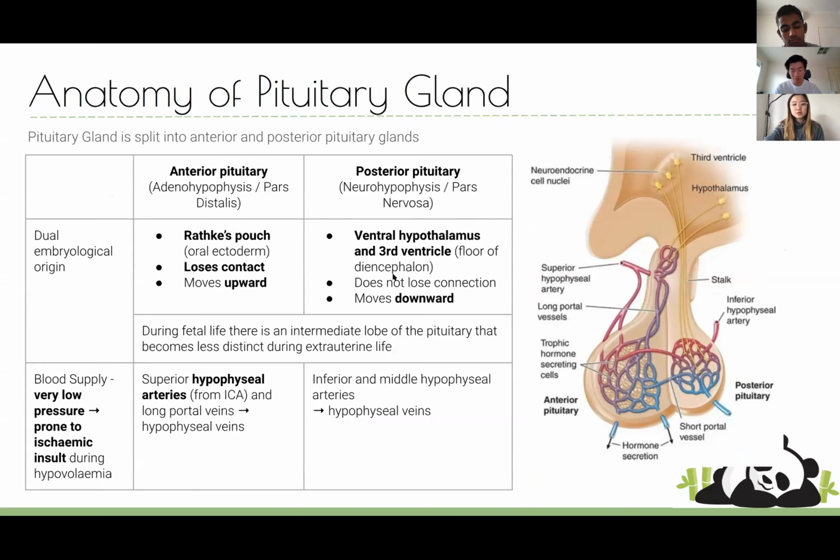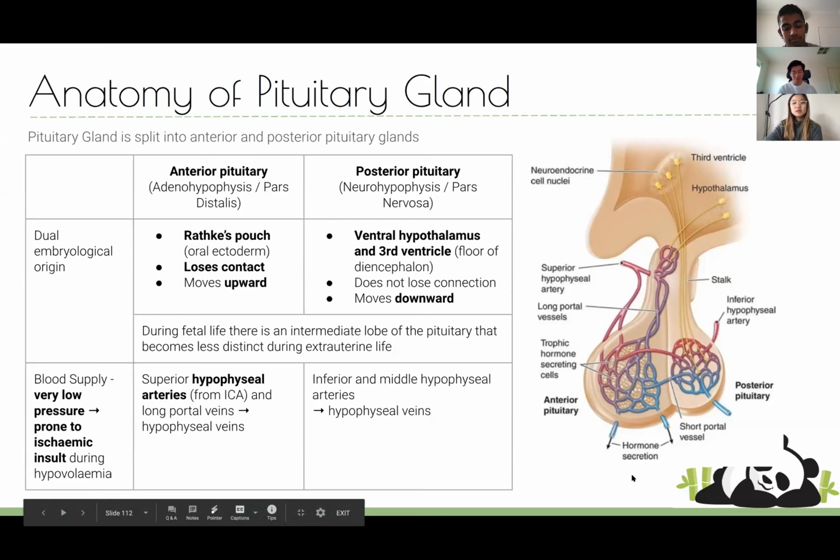So these are all part of your CNS, so it's neural tissue. It doesn't lose connection; it's coming from up there in your brain, and it's dragged down without losing connection, so it's coming downwards. Whereas the anterior pituitary comes from Rathke's pouch, which is your oral ectoderm. So that's obviously not neural, that's more glandular. That comes from below, because it's from your oral cavity, and it goes upwards and loses contact.